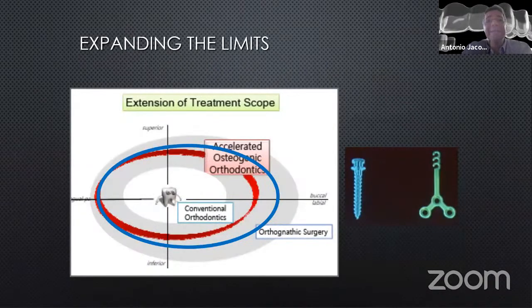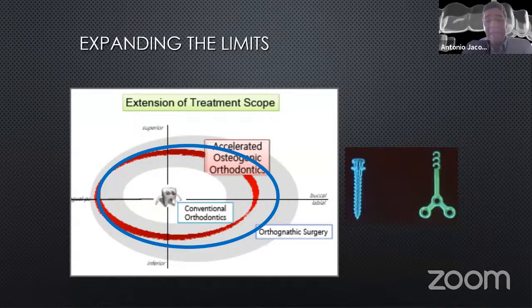So expanding the limits, we can have a line between the orthodontic surgery and conventional orthodontics with accelerated osteogenic orthodontics. This red line would be just the corticotomy process.